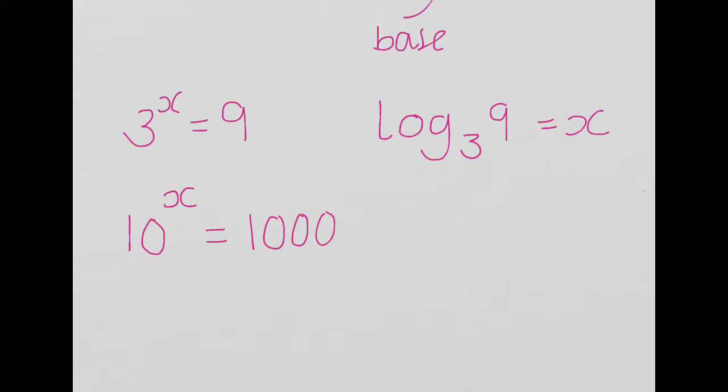Now I hope you can guess what x is at this point, but using what we know from the example that I've done before, what we can write here is the log of 1000 to the base 10 is equal to, and I hope you're going to say 3 because you've realised that 10 cubed is 1,000, not 100,000.